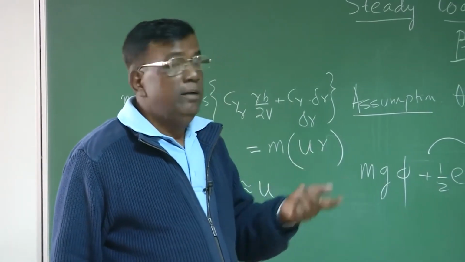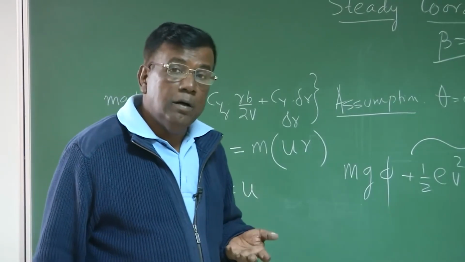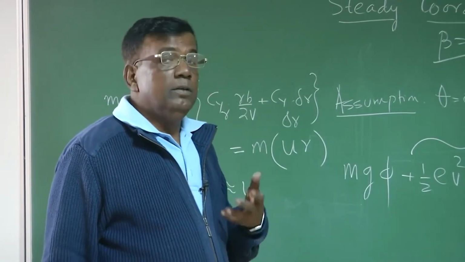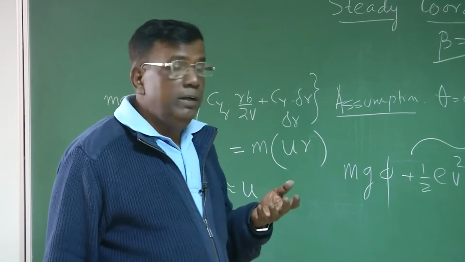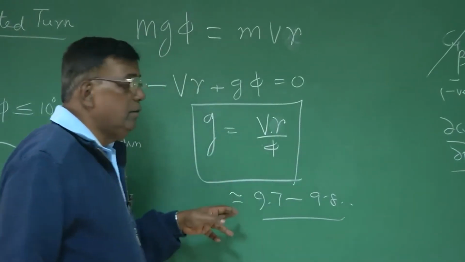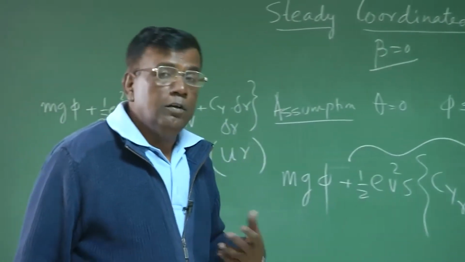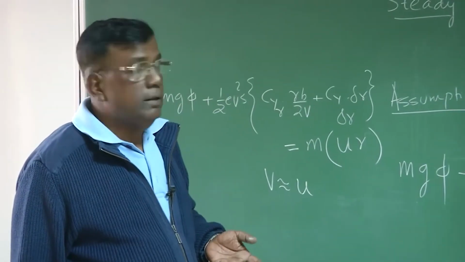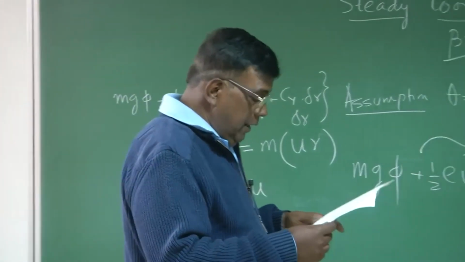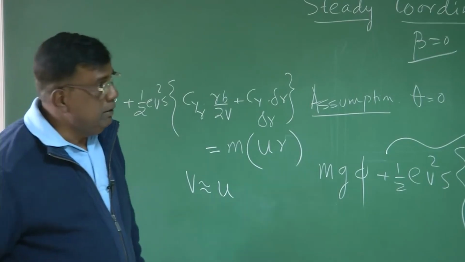With the stopwatch, you find the value of r, the yaw rate, use the turn bank indicator to get phi, use the airspeed indicator to get V, and offline you see whether this ratio is coming closer to g or not. If it is, the assumptions are fine, because you've assumed the equations of motion to be perfect. Okay.